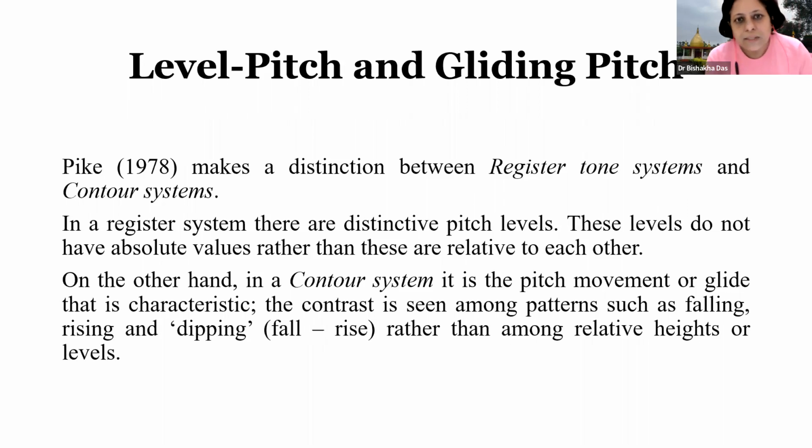Now, let's talk about level pitch and gliding pitch. Pike makes a distinction between level pitch and gliding pitch. So that's register tone and contour. Level pitch is register and gliding pitch is contour.